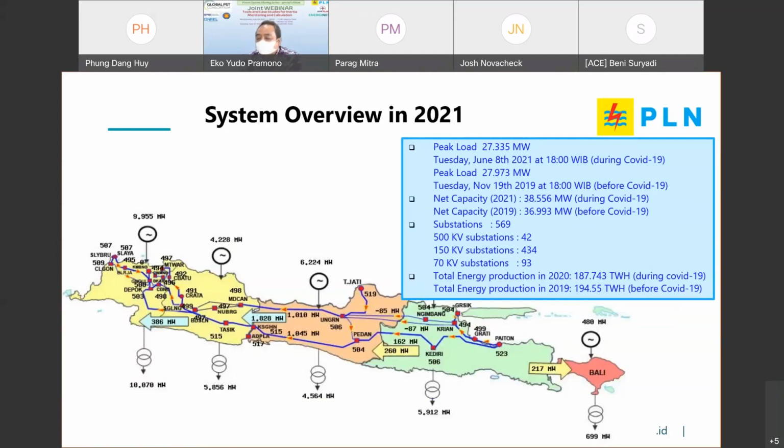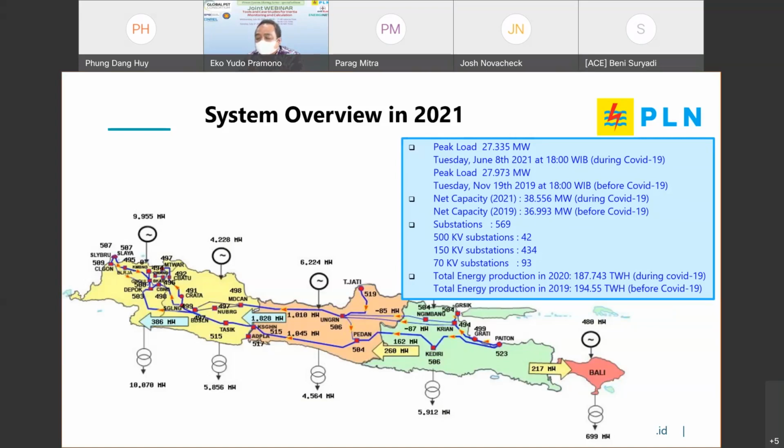This peak load is a little bit below the peak load of 2019, because COVID had happened. 2019 reached 27,998 megawatts.